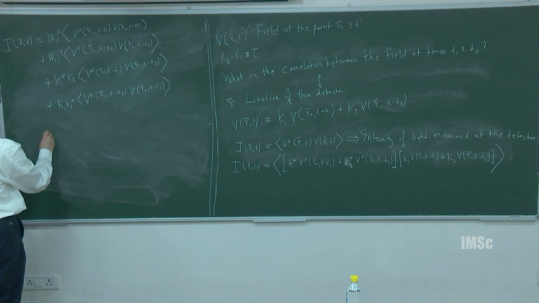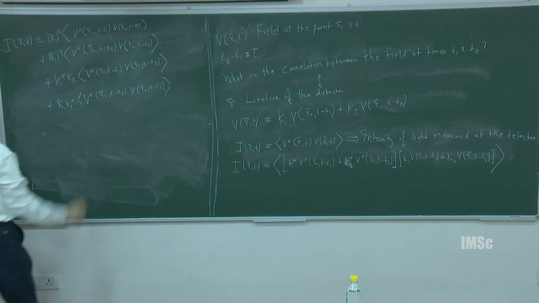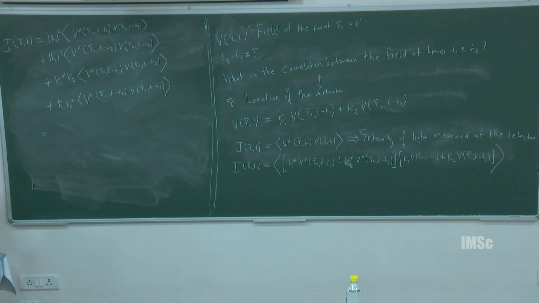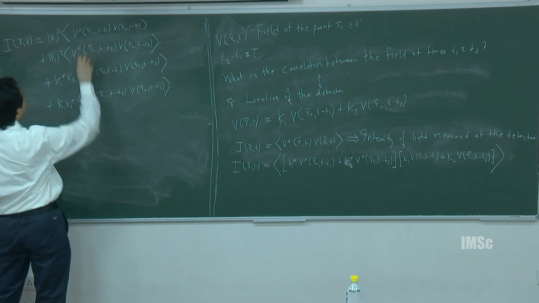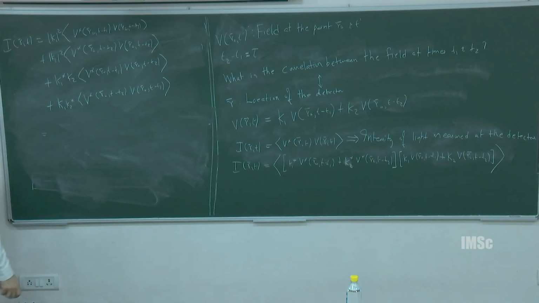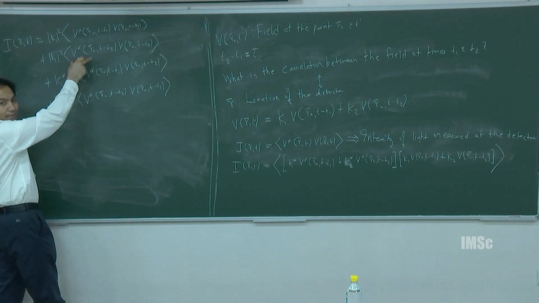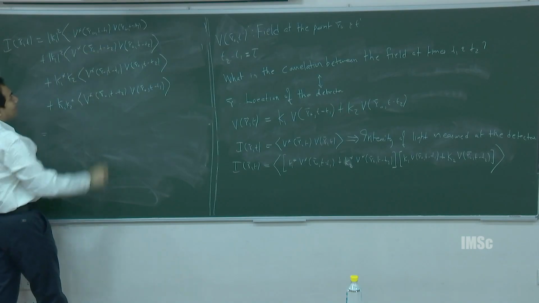Now, this is nothing but the intensity of the field measured at R naught and time t minus t1. So the first term is the intensity at the space-time point R naught, t minus t1. The second term is again the intensity measured at R naught and time t minus t2.